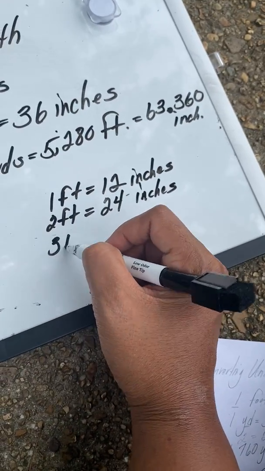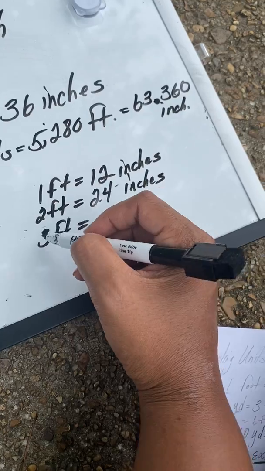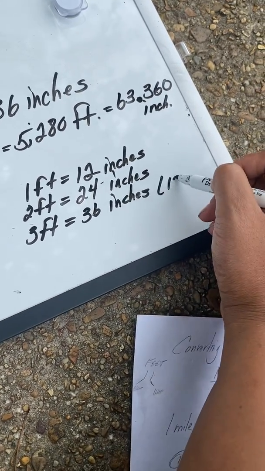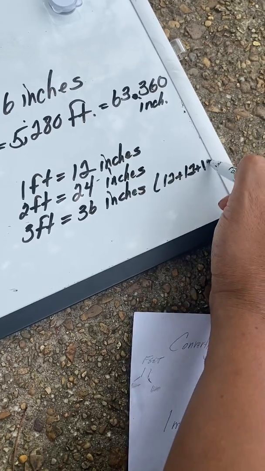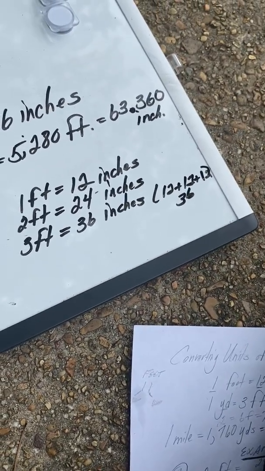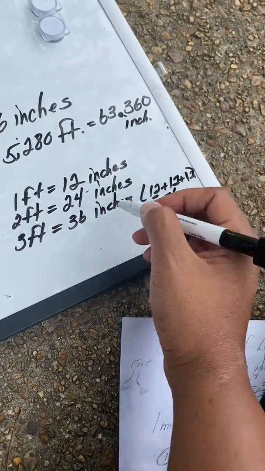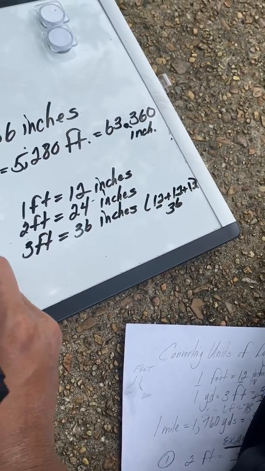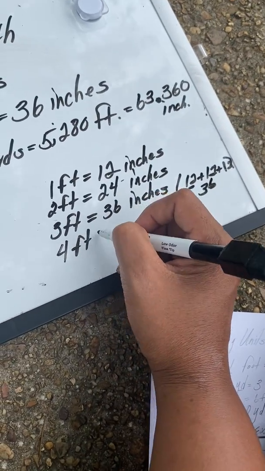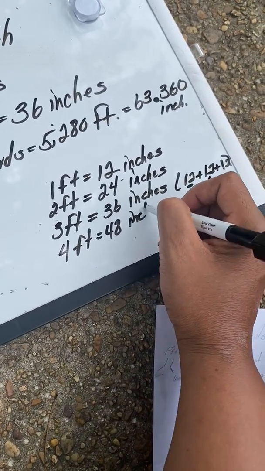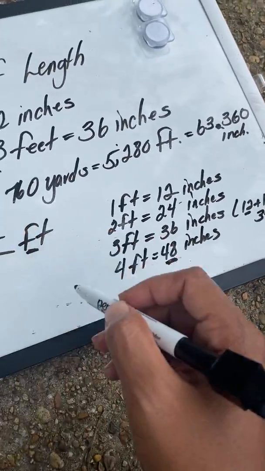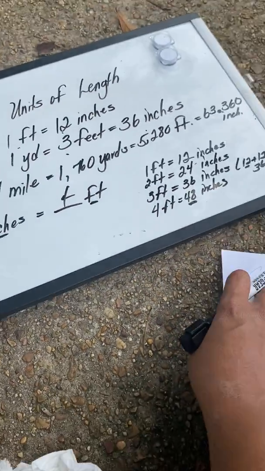If I have 3 feet, then I have 12 times 3 is 36 inches, or 12 plus 12 plus 12, 36. 4 feet, 48 inches. This is what we need to know right here. So 48 inches is equivalent to 4 feet.